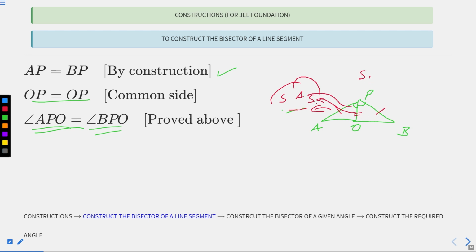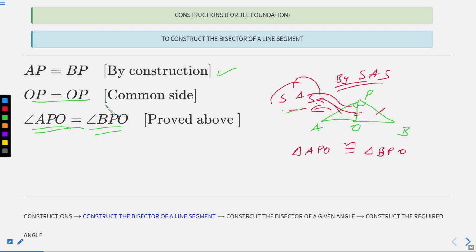So side, angle, side: by side angle side we can say triangle APO is congruent to triangle BPO.